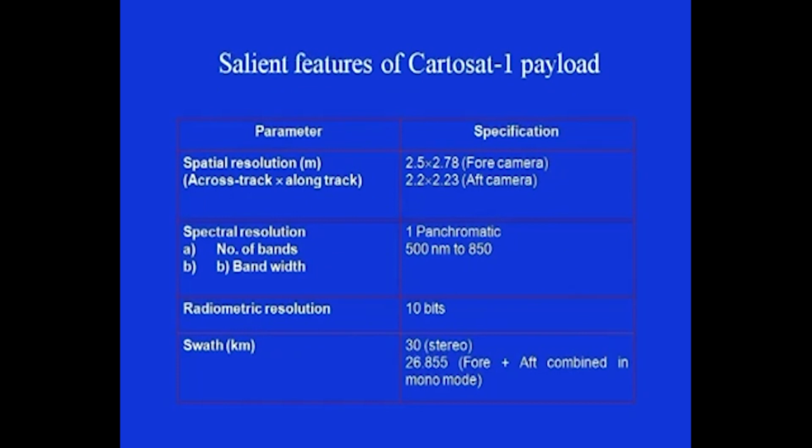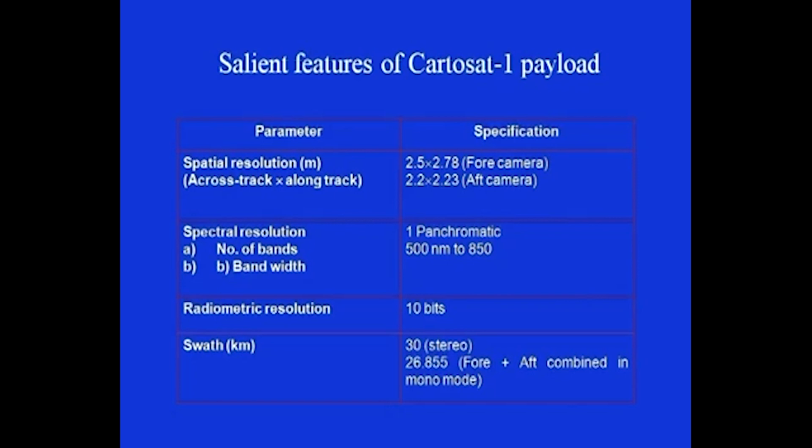Some of the salient features of Cartosat is that it has varying spatial resolution. The fore camera has a resolution or pixel size of 2.5 by 2.78 meters, whereas the aft camera has a resolution of 2.2 by 2.23.